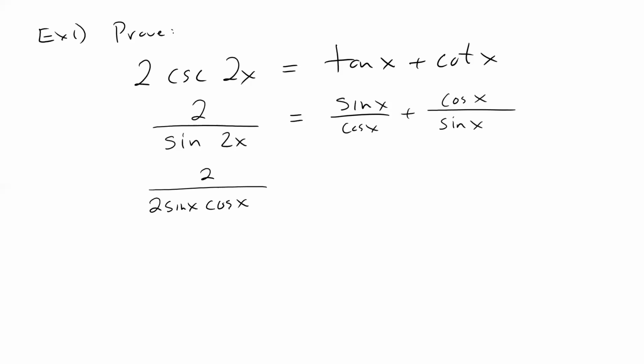On the other side, I'm thinking maybe get common denominators. Maybe that might help. Let's see. So it's going to be cosine x times sine x, each one of these guys coming down. Another cosine x sine x over here. What goes on top of the first fraction?